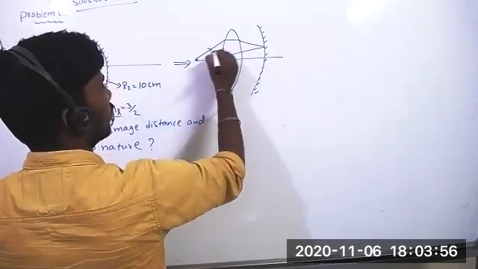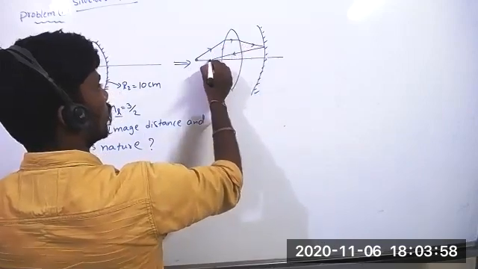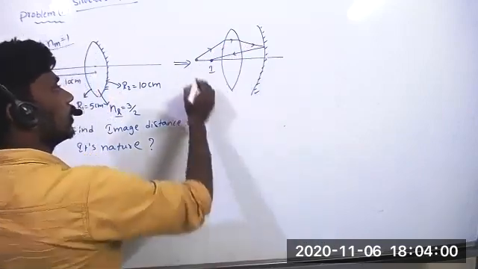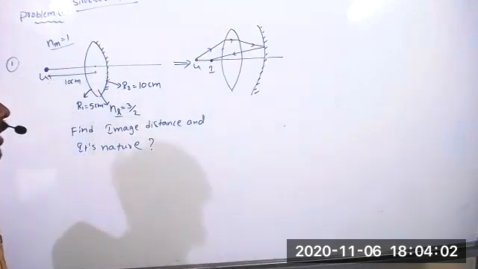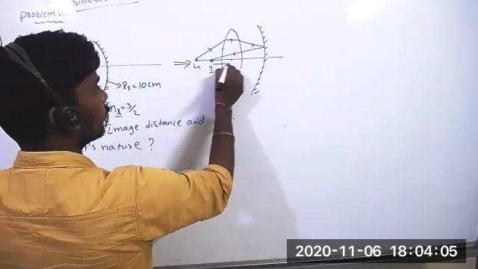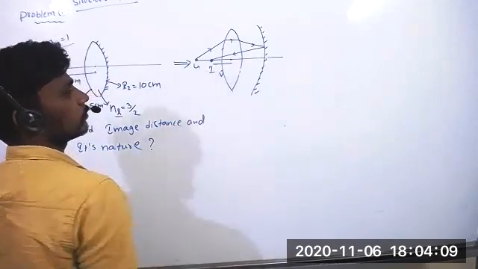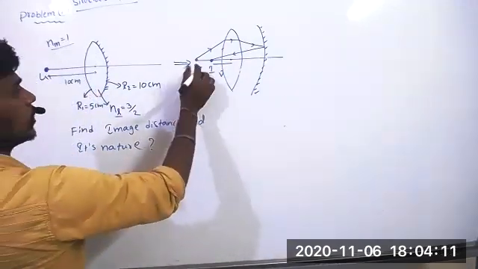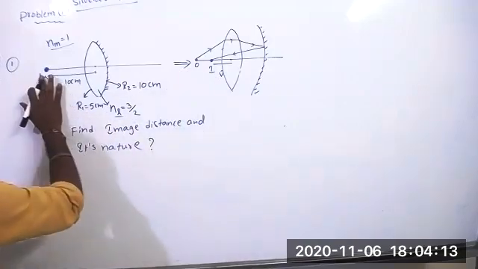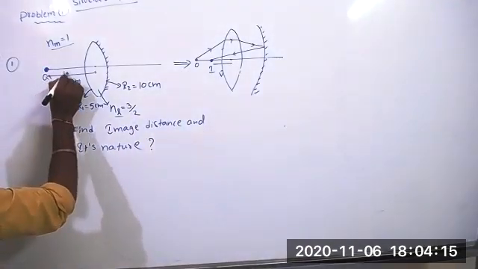Again, it will reflect and pass through. So the image will form here. That image distance we have to calculate, that is V. O is the object. So object distance is U.